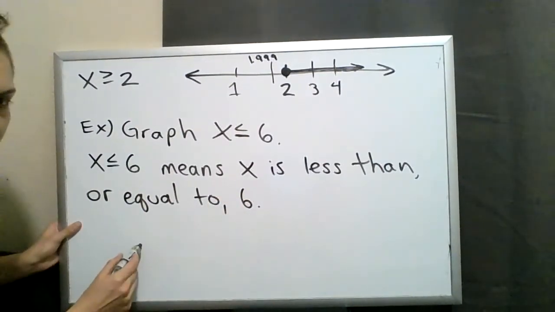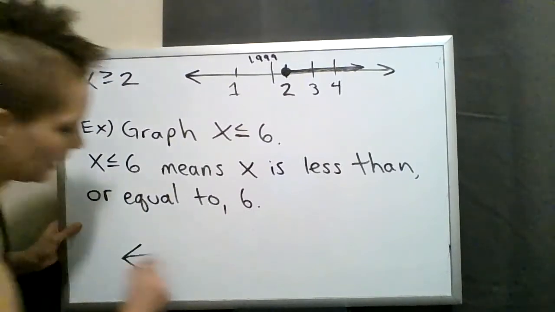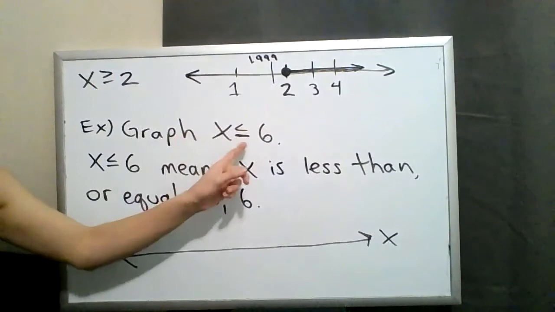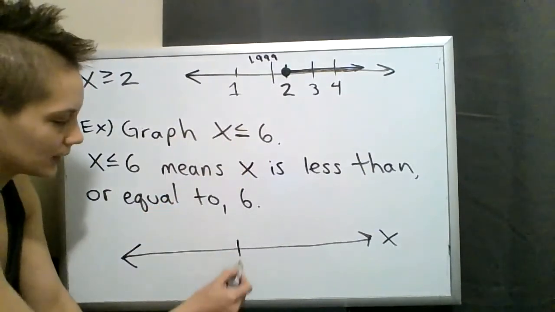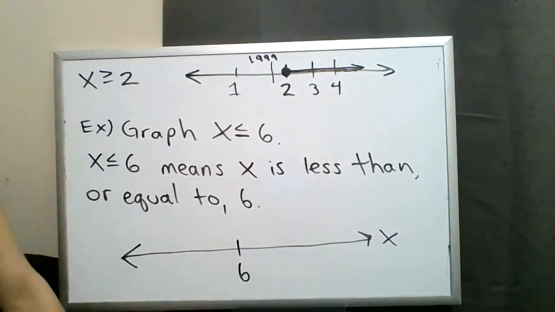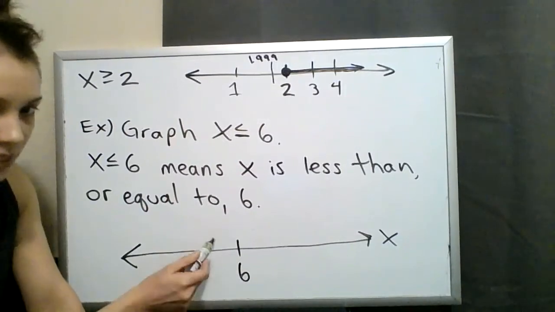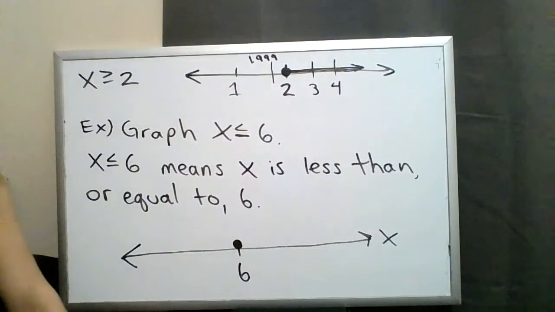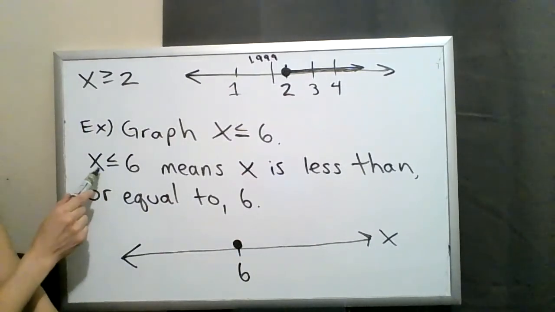Let's go ahead and draw a graph. So we have our number line. We're going to place 6. Let's put it in the middle. We do include 6, so it gets a solid dot right over that number. And you need to shade over the solution side.